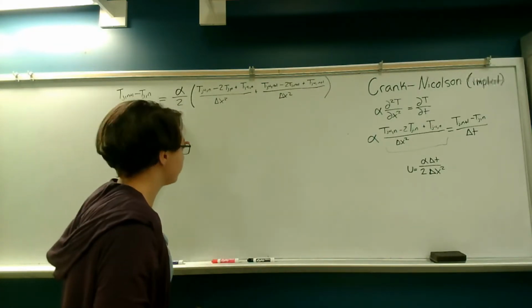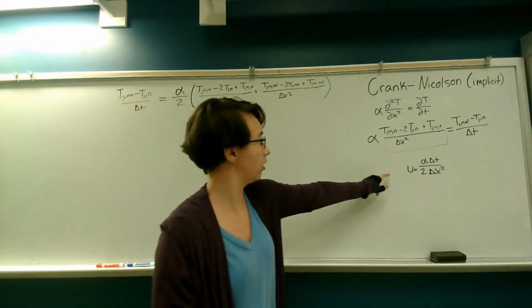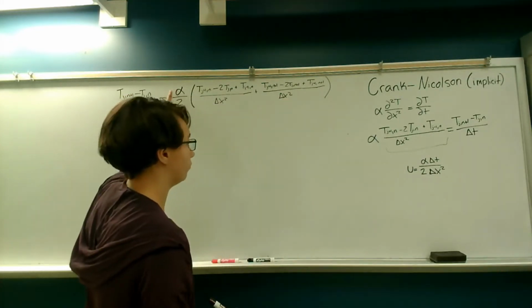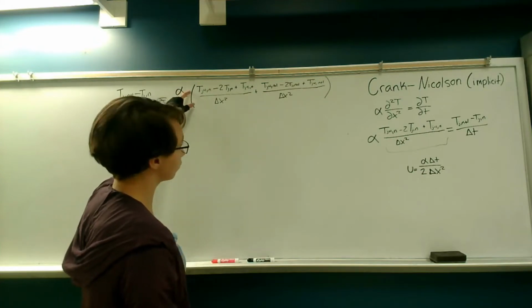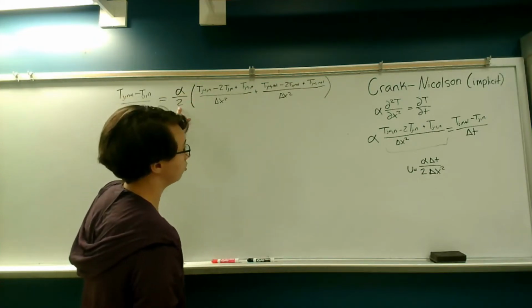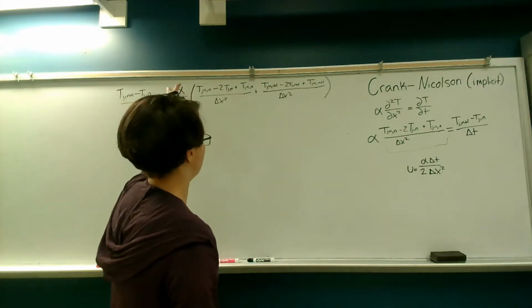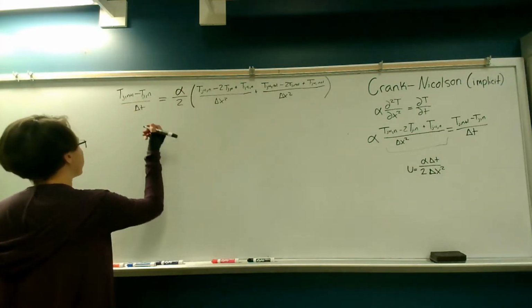So we can simplify this a little bit. We're going to use this u term to simplify things. So we have this alpha. We multiply the delta t over. We've got the 2, and factor out this delta x squared. We'll get u over here. So we write it like this.